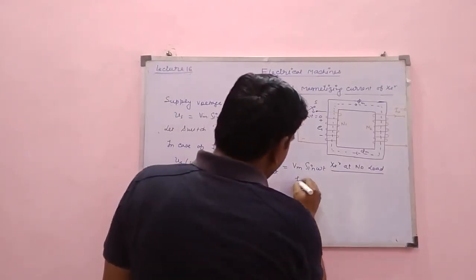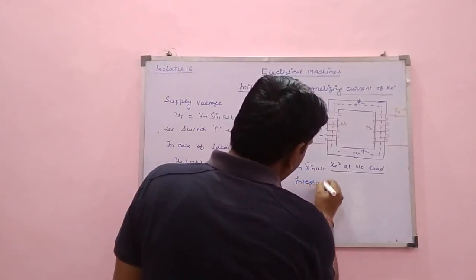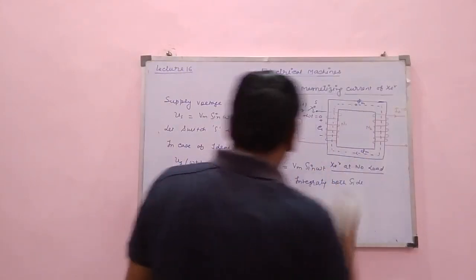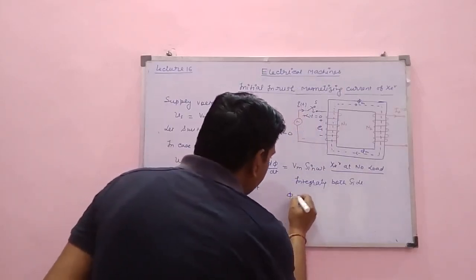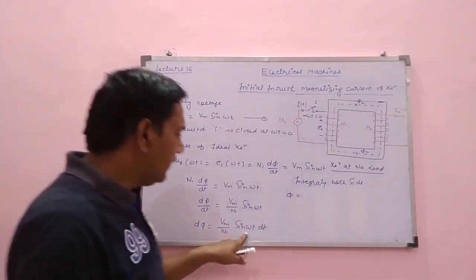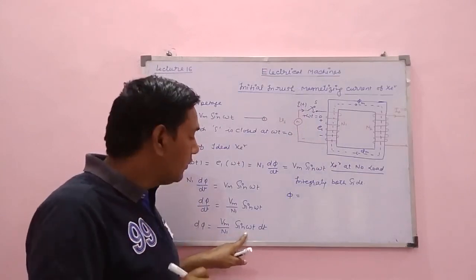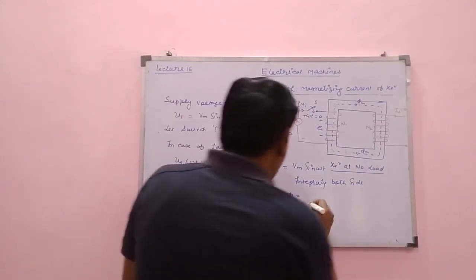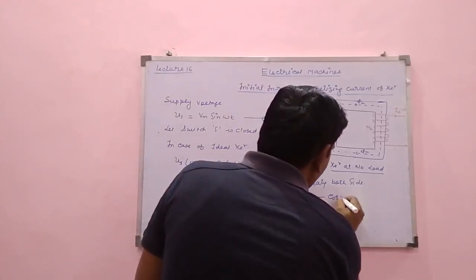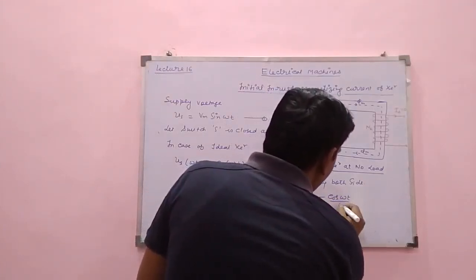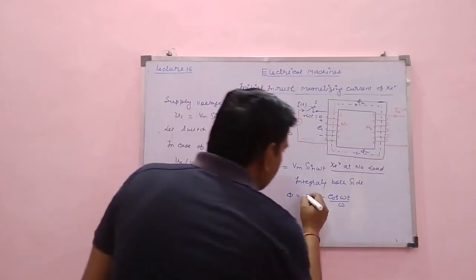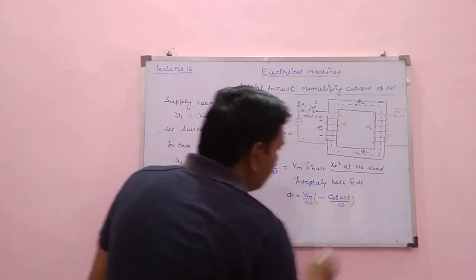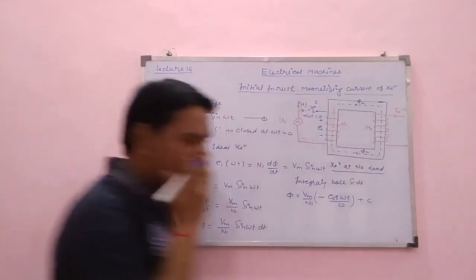If we have to calculate the value of flux, then we have to integrate both sides. Integrating both sides, we get the value of flux phi is equal to the integration of sin omega t with respect to t, not with respect to omega t, keep in mind, it will be minus cos omega t divided by omega, times Vm upon N1, plus the integration constant c.